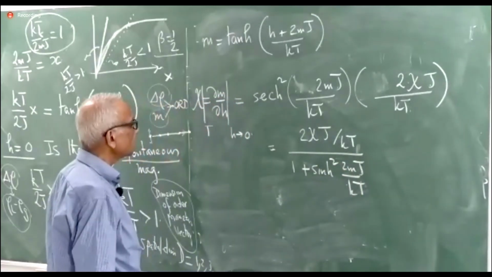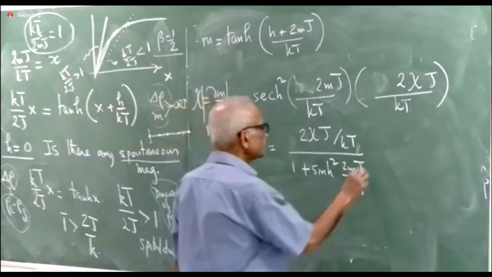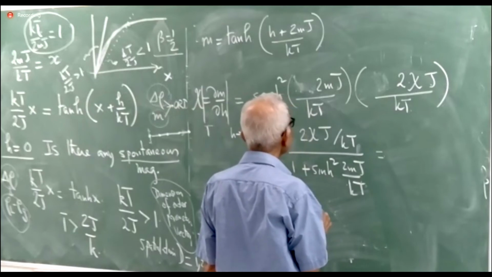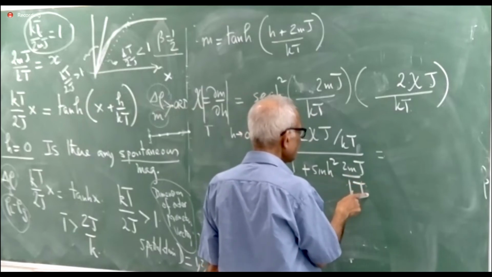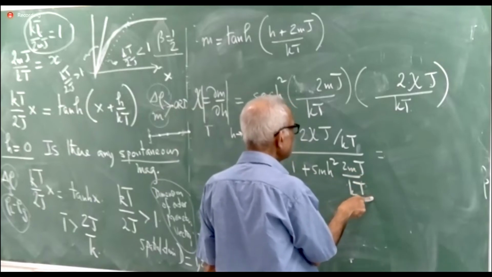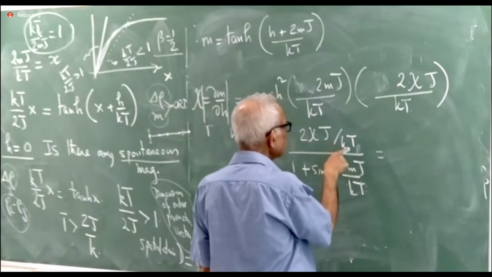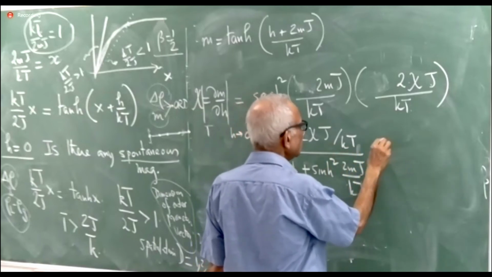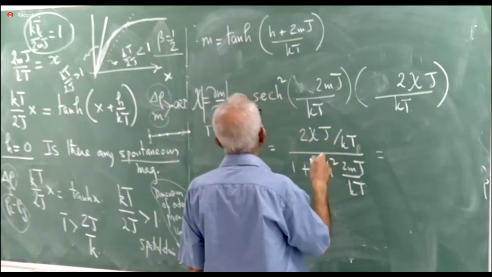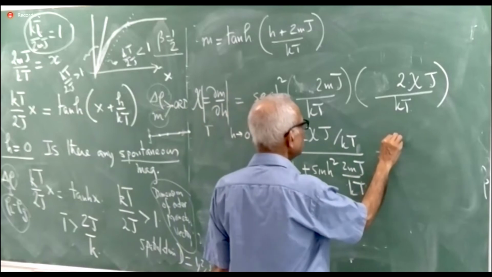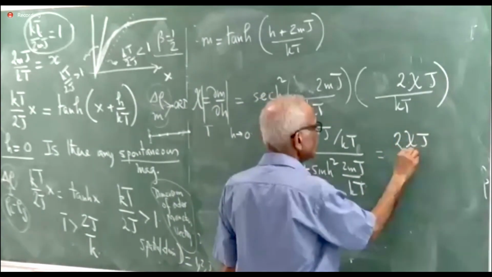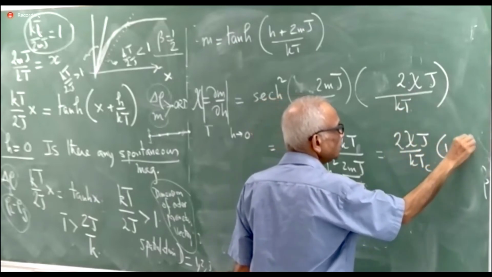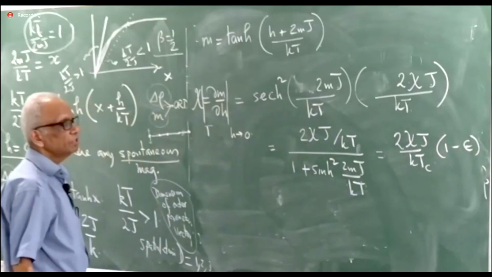So this is chi equal to something, where is my 1 plus cosh hyperbolic sinh hyperbolic squared, which is going to become small over here. Here is J over kTc. So T is equal to Tc times 1 minus epsilon. So this is 2 chi J divided by kTc, and then it is 1 minus epsilon over here.